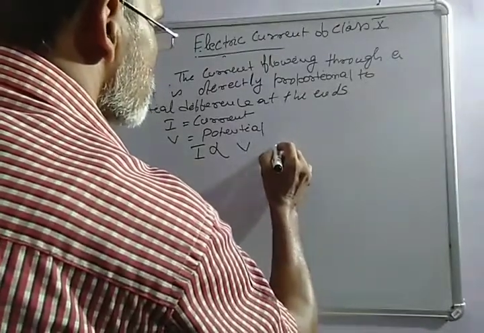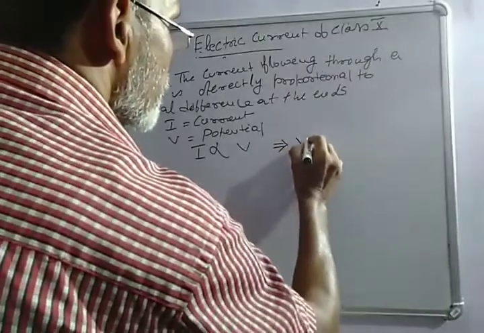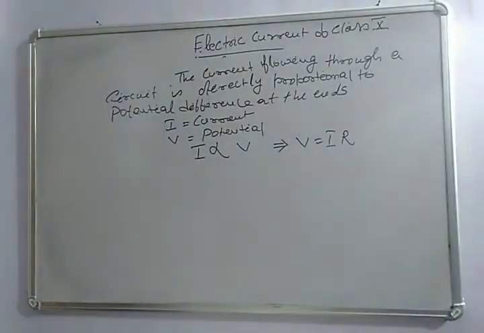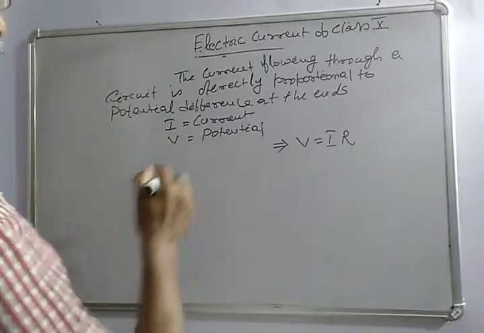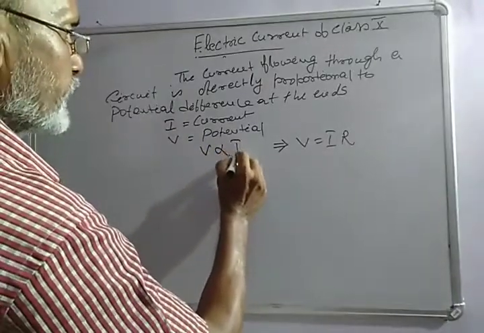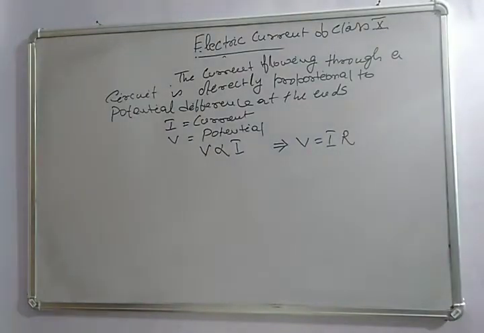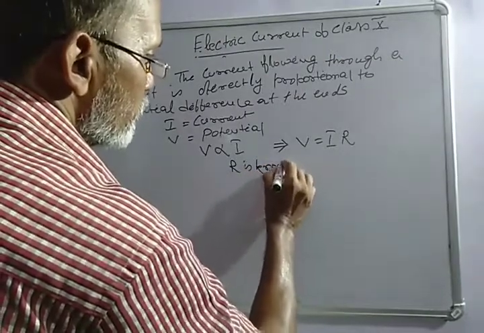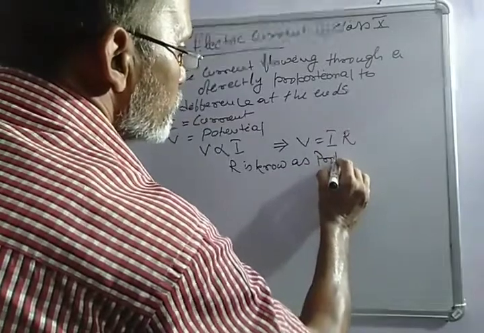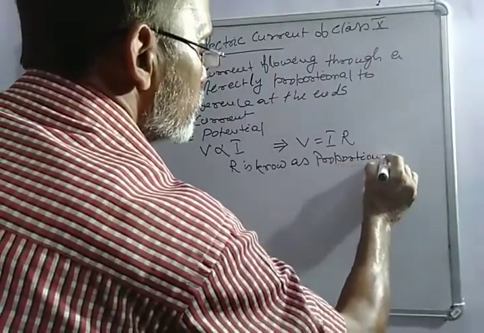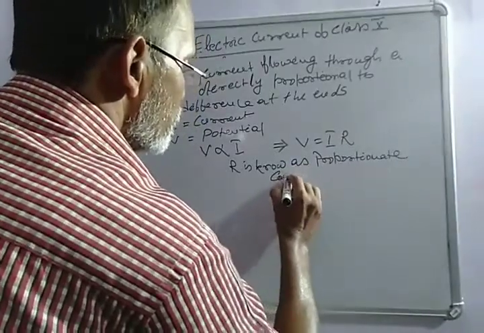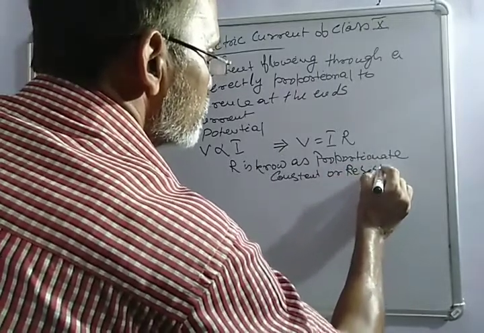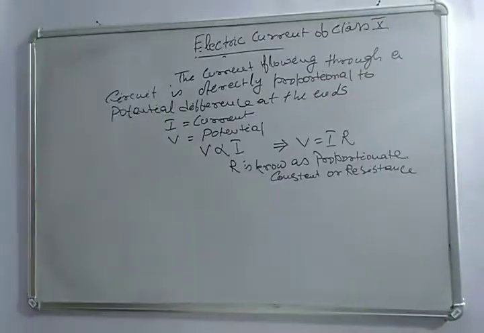This means V is directly proportional to I, then V is equal to IR, where R is known as the proportionality constant, or resistance.